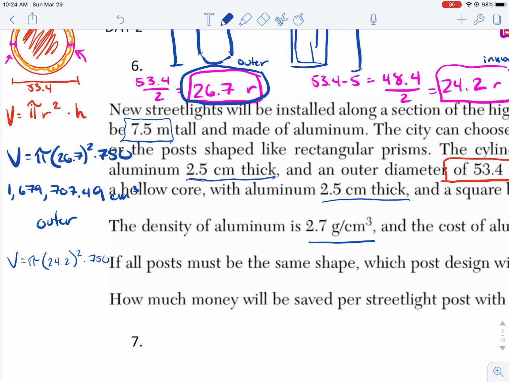That's not what I got earlier. What in the world? Try this again. Second pi times 24.2 squared times 750.